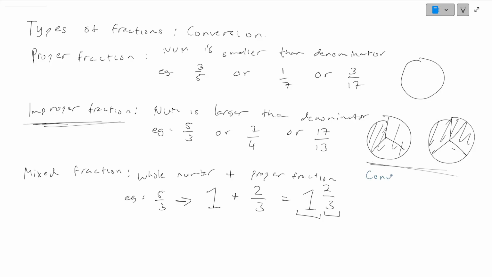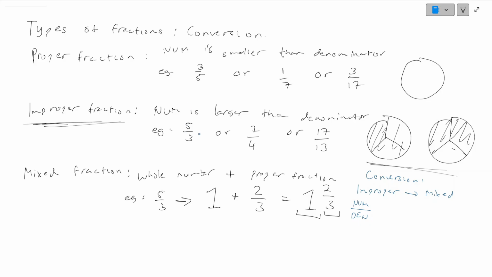Now, as for the conversion, how do you go from improper to a mixed fraction? Remember, the improper fraction is written as your numerator over your denominator. The way you would convert it into mixed is just divide the numerator by the denominator.